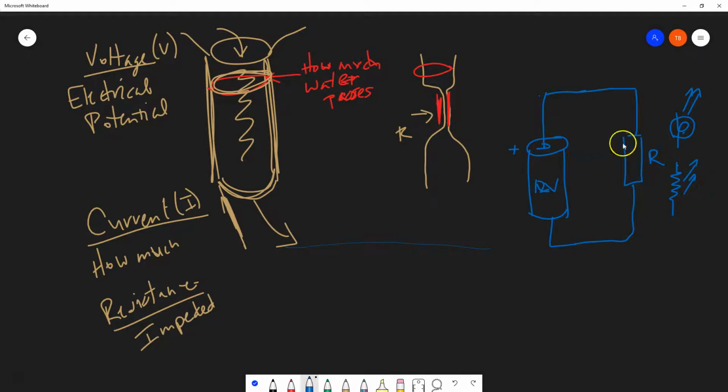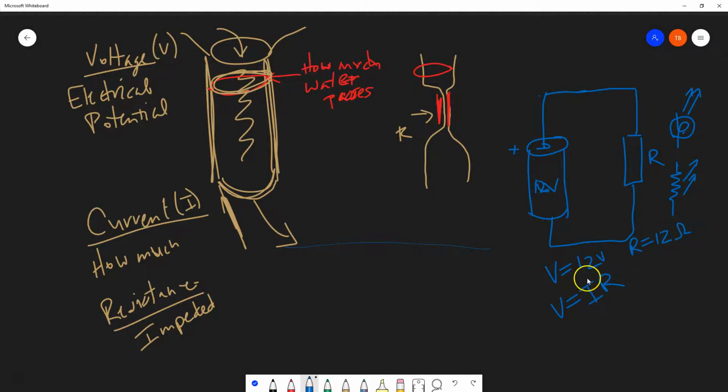So the relationship of these is, if we have a 12-volt battery, so V is equal to 12, and we know that the equation is V equals IR. For the sake of this example, let's say the resistance, or R, is also 12 ohms.